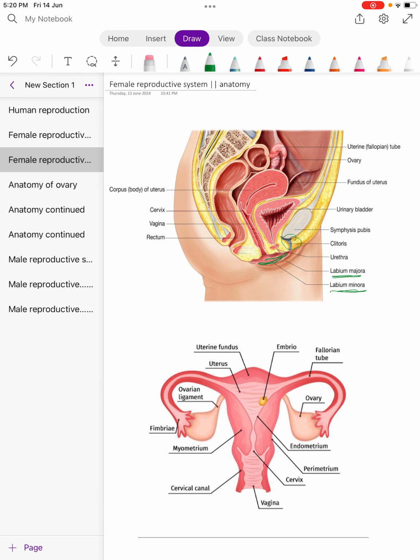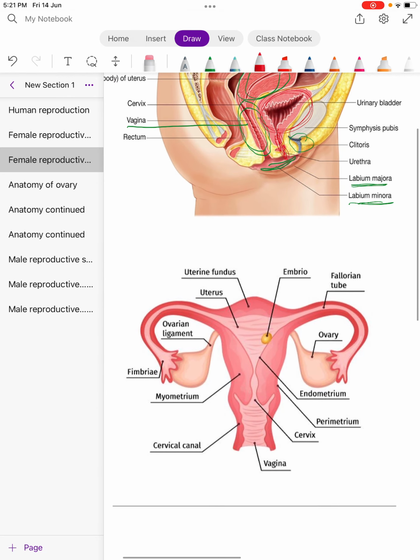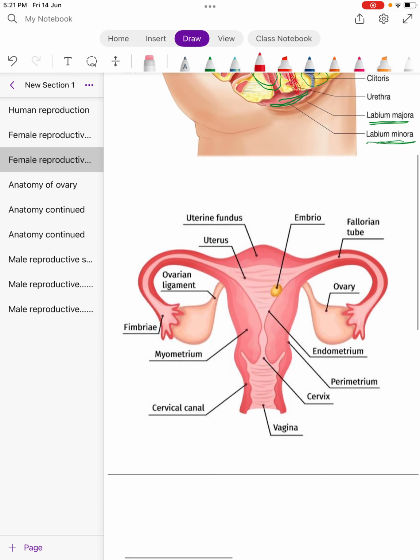Then this portion is the vagina, and this is the uterus. And here, which I can show with the red color, is the urinary bladder, and here is the opening of the bladder. So this is the lateral, side view of the female reproductive system, a simple diagram.